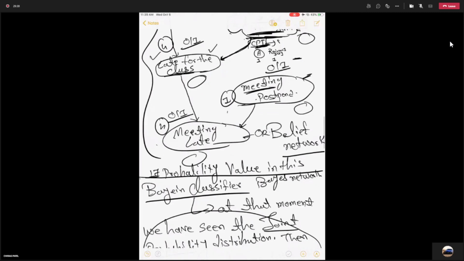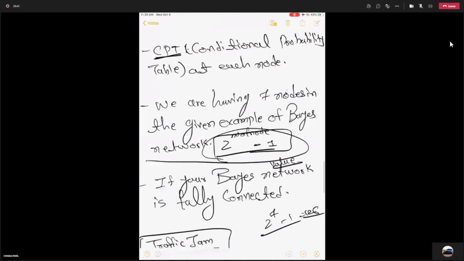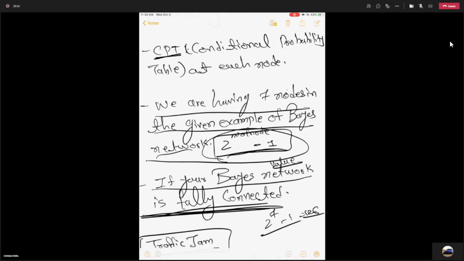I told you before, if we have 7 nodes, this general formula applies as the number of nodes increases or decreases. But that is if your Bayesian network is fully connected. Here we don't have full connectivity. That's why we are only calculating 17 values. Otherwise, we would need to calculate almost 126 values. Right?